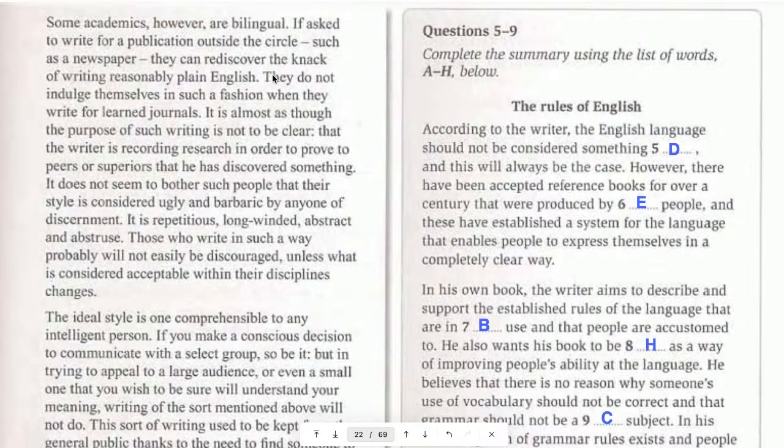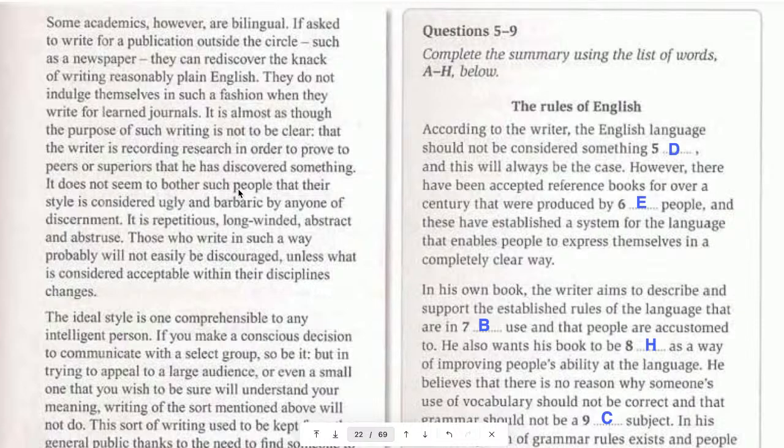You can read from "they do not" until the end of that paragraph. So they do not indulge themselves in such a fashion when they write for learned journals. It is almost as though the purpose of such writing is not to be clear. So what is the purpose? That the writer is recording research in order to prove to peers or superiors that he has discovered something.